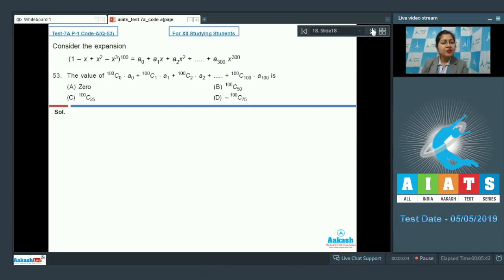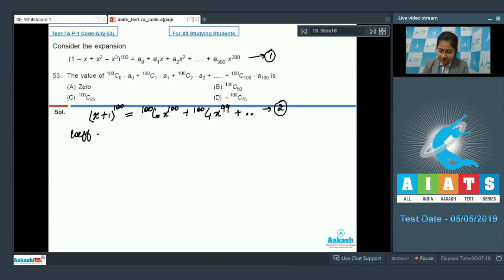To find the value of this expression, let us write the expansion of (x plus 1) whole raised to the power 100. So this is equal to 100c0 x raised to the power 100 plus 100c1 into x raised to the power 99 and so on. So let us take this equation as 1 and this as 2. If we multiply equation number 1 with 2 and find the coefficient of x raised to the power 100 from it, we will get the value of the expression that has been asked.